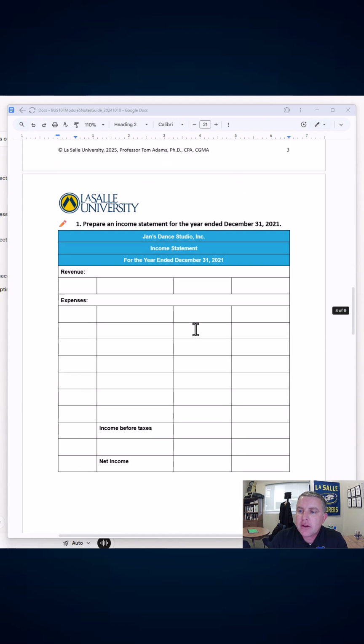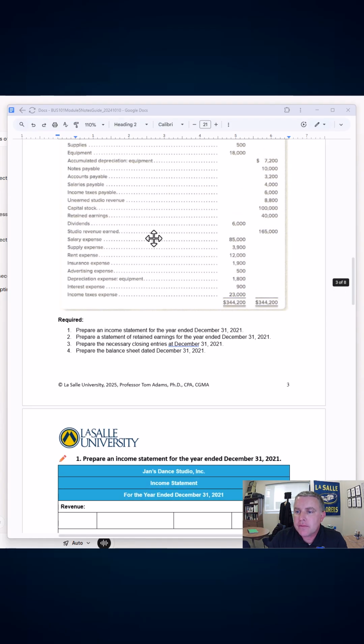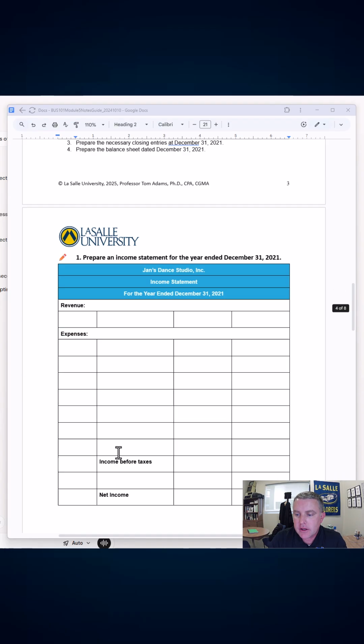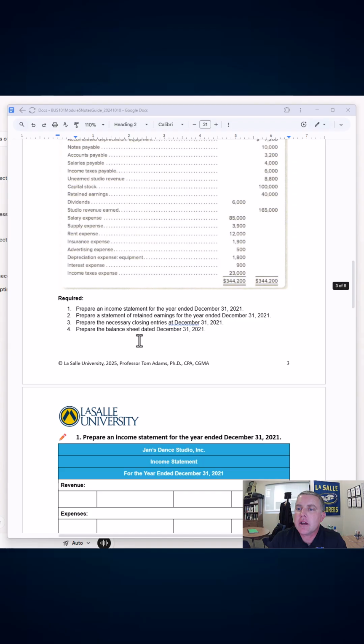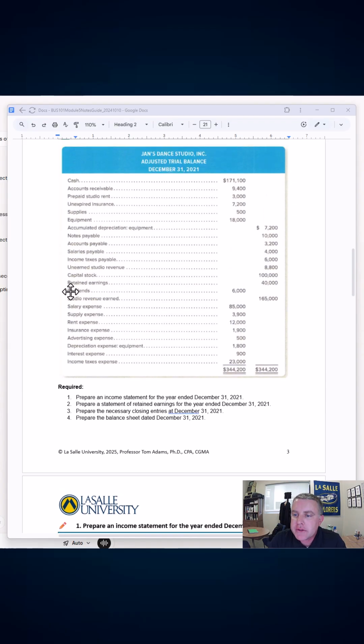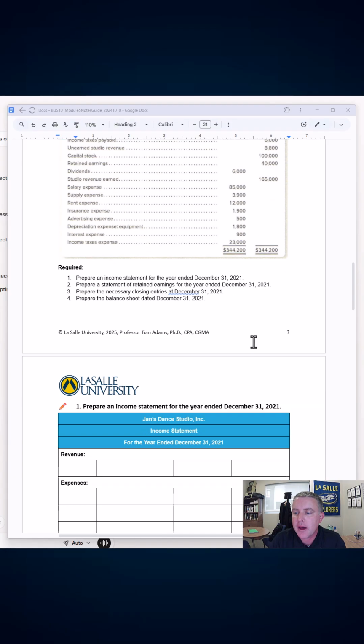So if we scroll down here, we have the template for our income statement, and you'll notice there's a header at the top. We need the name of the company, the name of the statement, and the period that we're preparing this for. Revenue is the first account that always appears in the income statement. If you go back to the trial balance, the first revenue account you see is right here, studio revenue earned, 165,000.